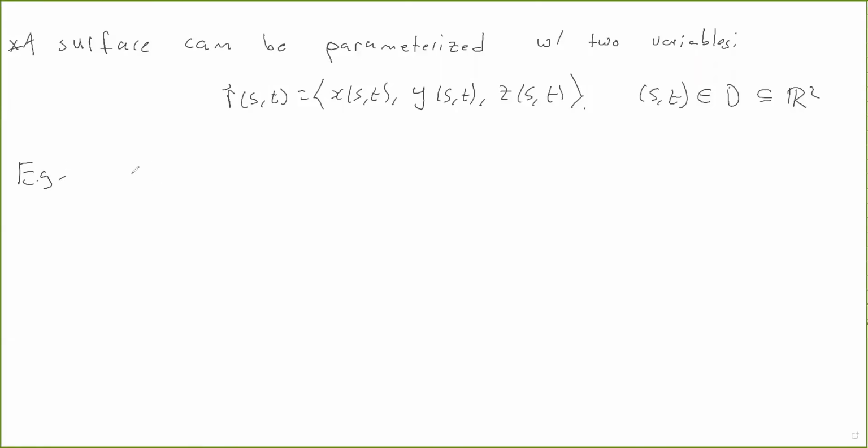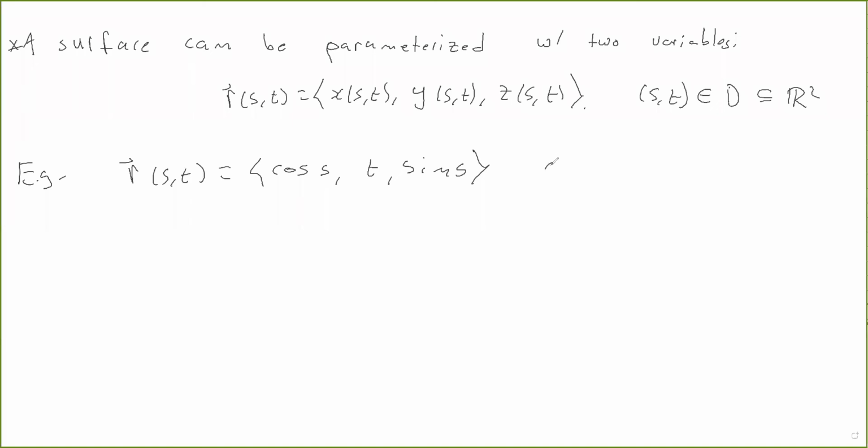So consider the following surface with the parameterization r(s, t) equals (cosine s, t, sine s).